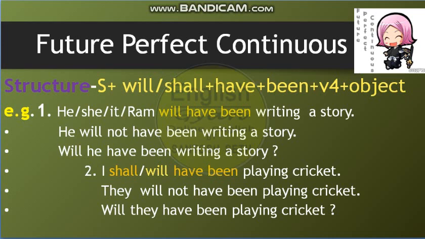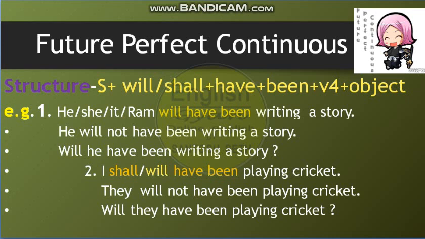But all these are in active voice. Whenever you change these sentences into passive voice, always remember, either it is present perfect continuous or past perfect continuous or future perfect continuous or even future continuous tense, there passive is not done. There passive is not made.